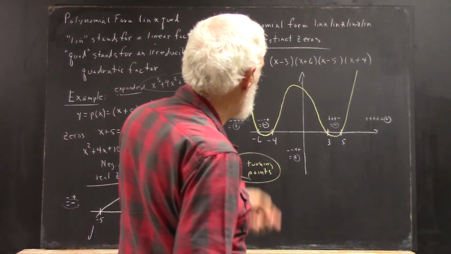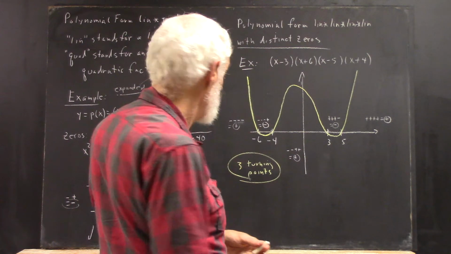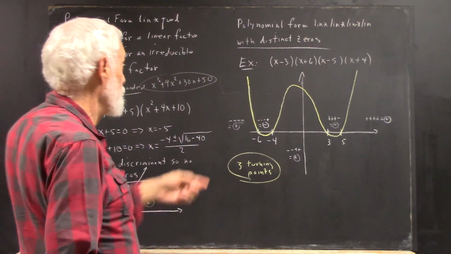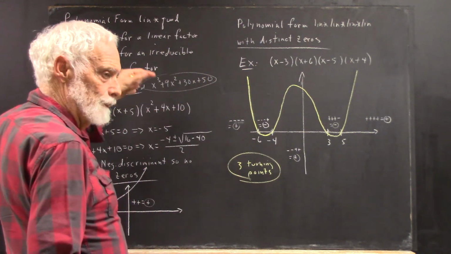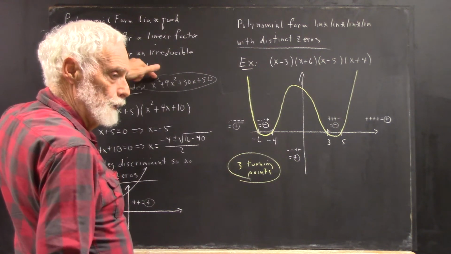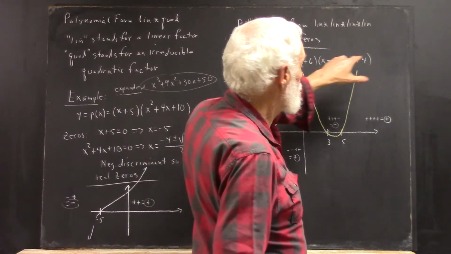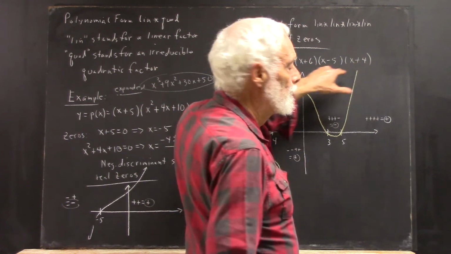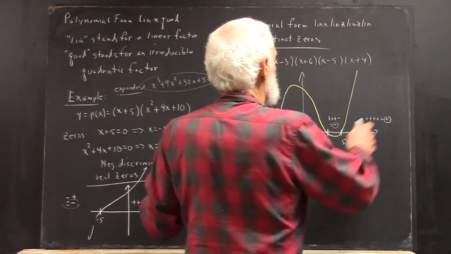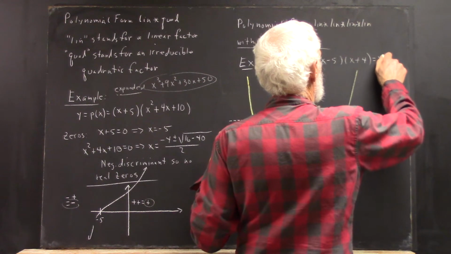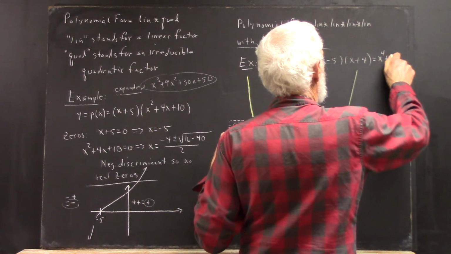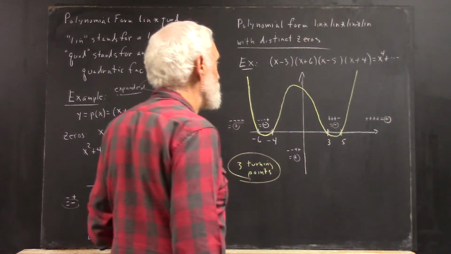The degree of the polynomial is 4. The degree is the power of the largest exponent that you have on one of your x terms. And since we have 4 factors here, we're going to have an x to the 4th. So this equals x to the 4th plus a bunch of other stuff.